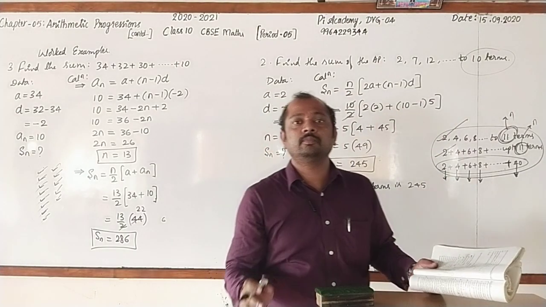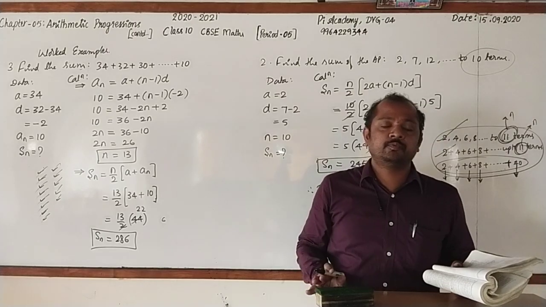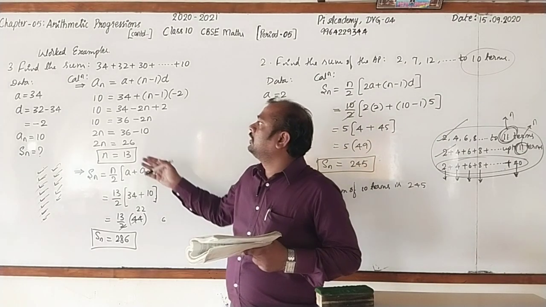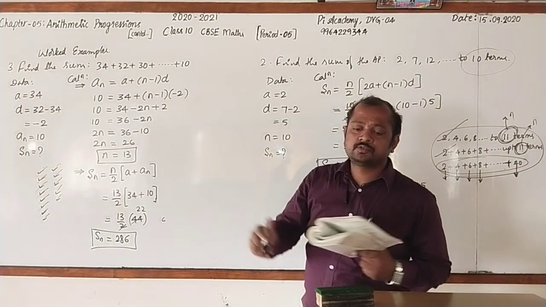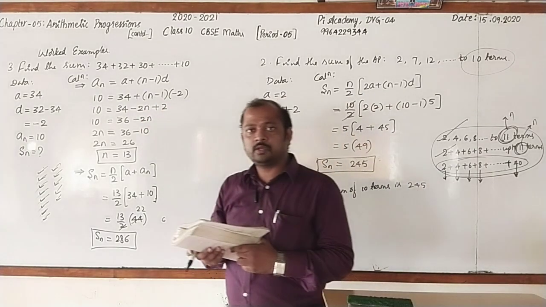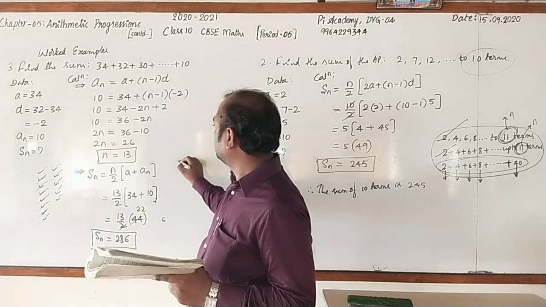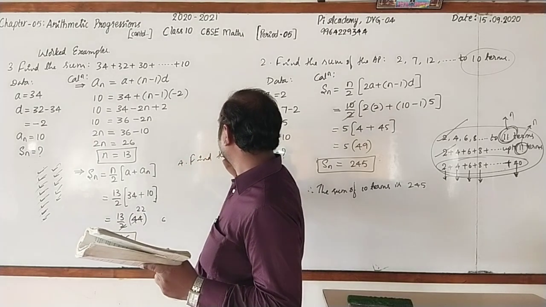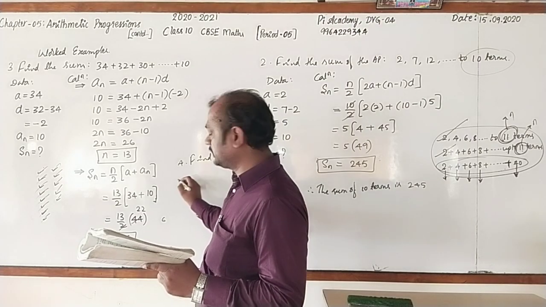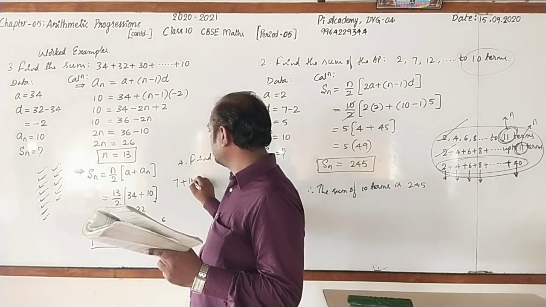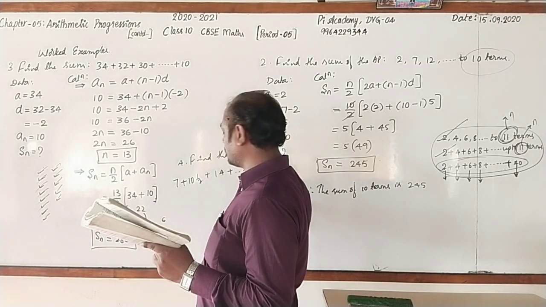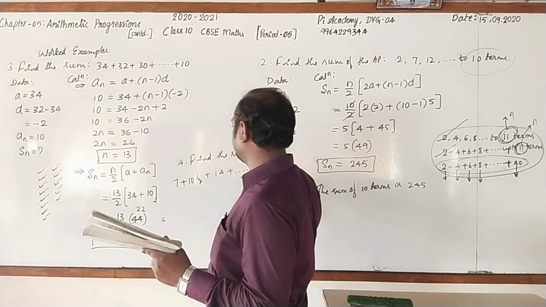Dear student, today we have solved very important types of problems. Please work them out today itself without fail. And one more, similar to this, today I will give one problem for homework. You can practice it. Find the sum: 7 plus 10 and a half plus 14 plus so on plus 84.